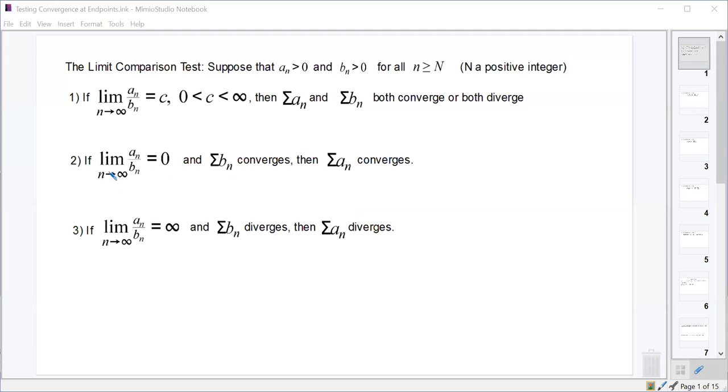And so if the one in the denominator converges, ours must also be converging. And likewise, if we take that ratio and get infinity, and we know that the one in the denominator diverges, then the one in the numerator also needs to diverge, by the same sort of logic, just in reverse. Does that all sort of make sense?